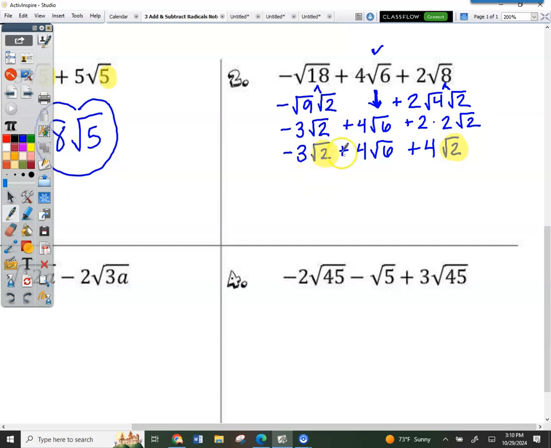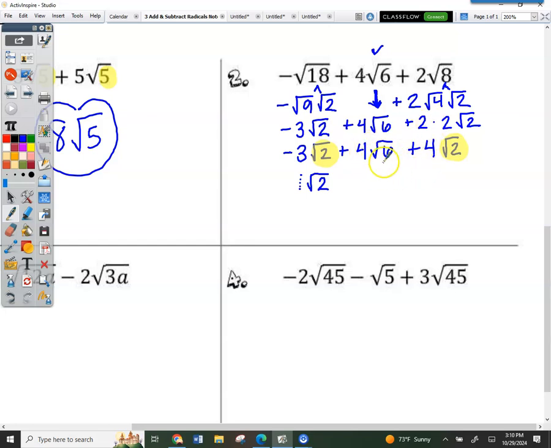You could write it first or you could write it second. So this is negative 3 root 2 plus 4 root 2. What do you get? 1 root 2. Negative 3 plus 4. There's an understood 1 root 2, right? Does everybody agree?